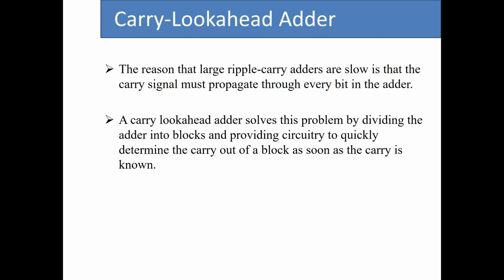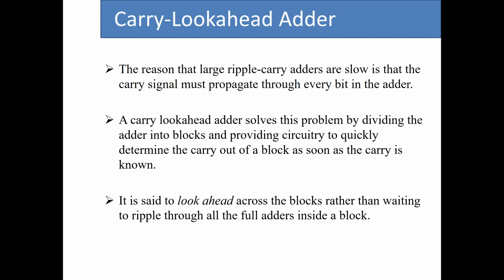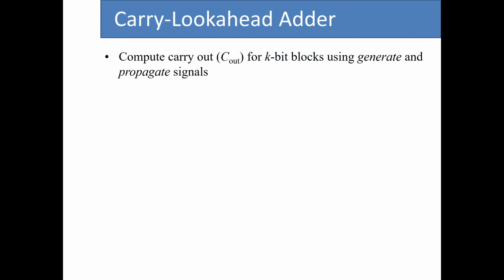A carry look-ahead adder solves this problem by dividing the adder into blocks and providing circuitry that quickly determines the carry out of each block. It is said to look ahead across the blocks rather than waiting to ripple through all the full adders inside the block. So now let's just see how carry look-ahead adders work.